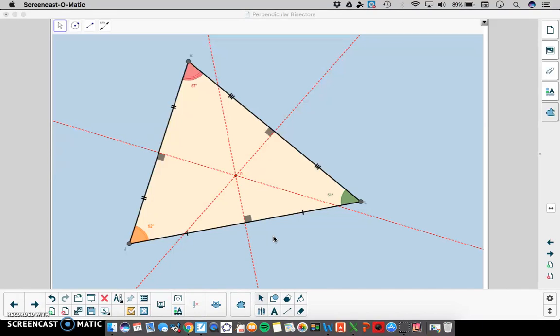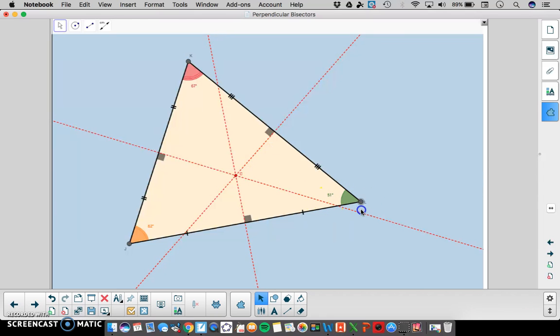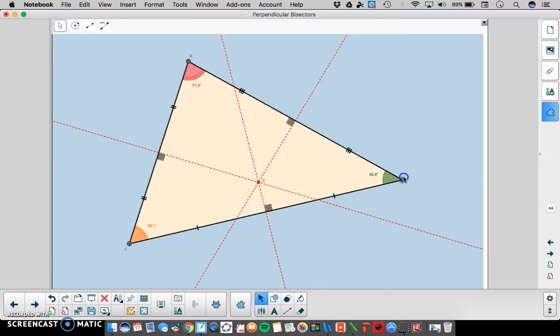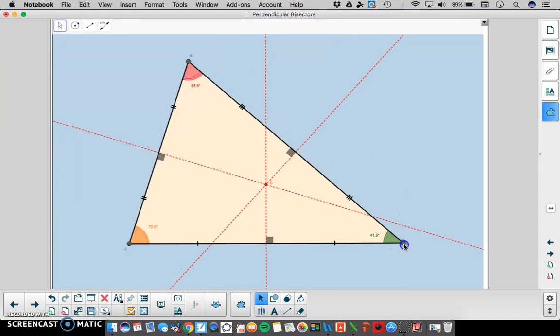Okay, I have another illustration here of the perpendicular bisectors. This triangle, you can see the angles in the triangle, as well as the perpendicular bisectors as the red dotted lines. The circumcenter is point C in this picture. Now, I want to move this around and show you a little bit that no matter what, those perpendicular bisectors are always going to intersect at point C. So I'm going to draw some segments from point C to each one of the vertices.